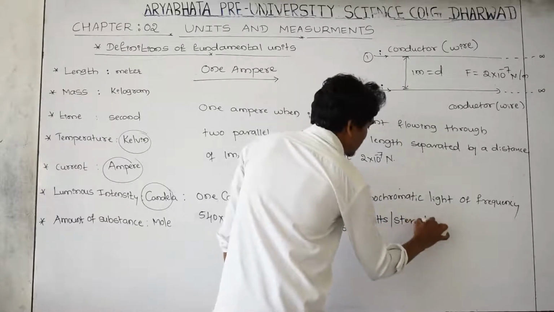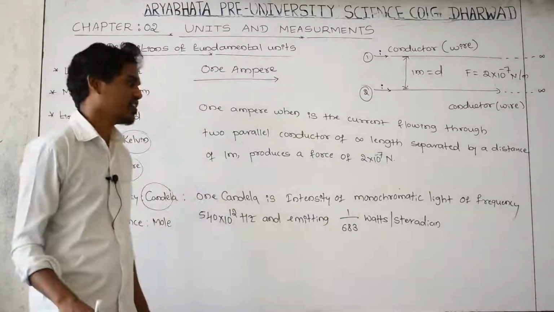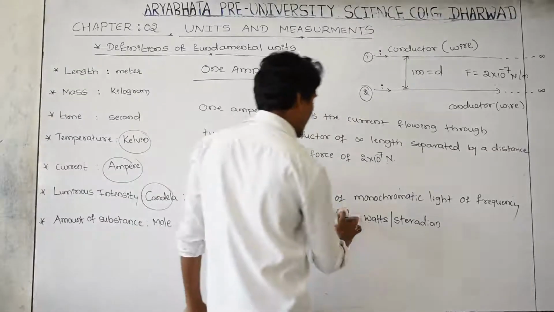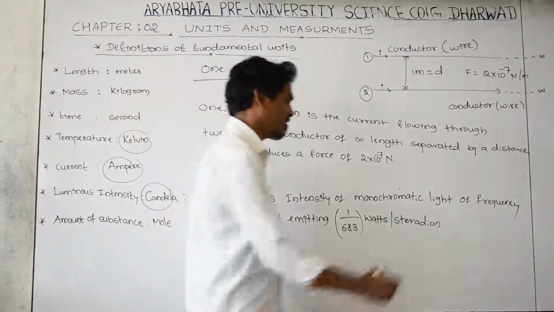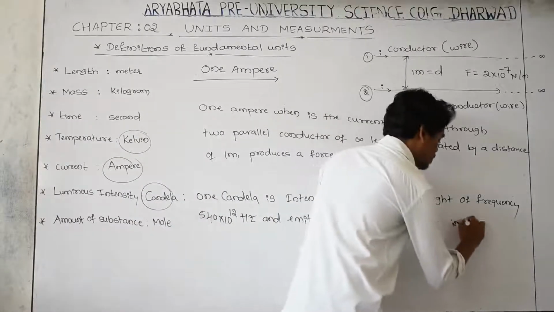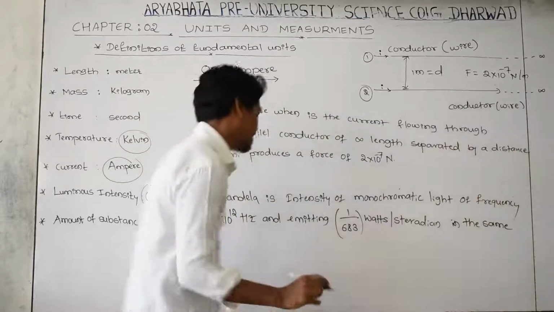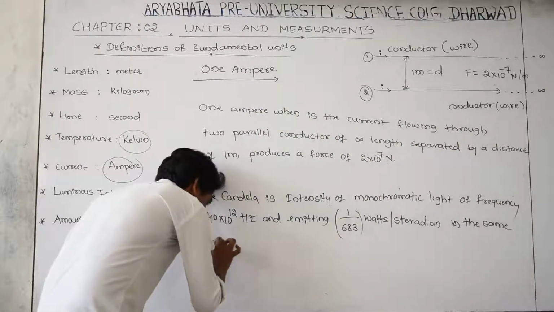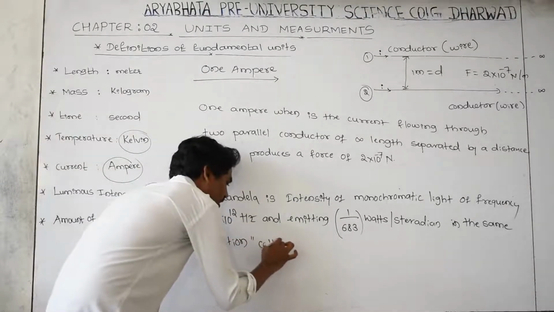Steradian is the SI unit of a solid angle. Regarding steradian unit we can discuss later. 1/683 watts per steradian in the same direction. That intensity of the light is called one candela.